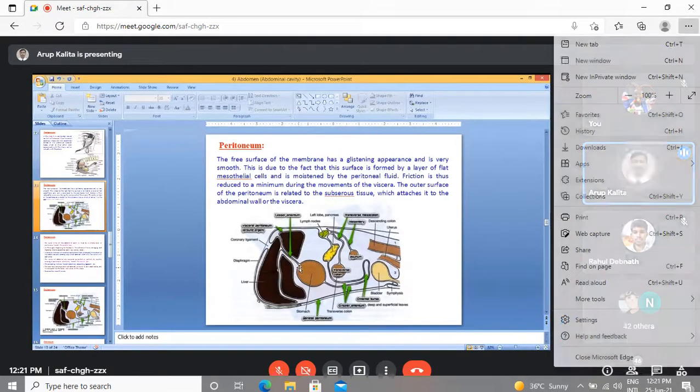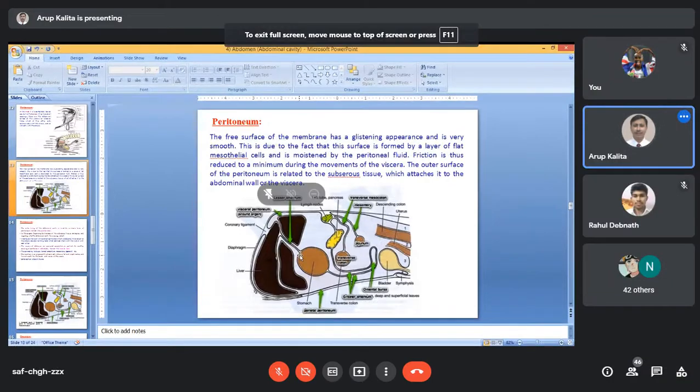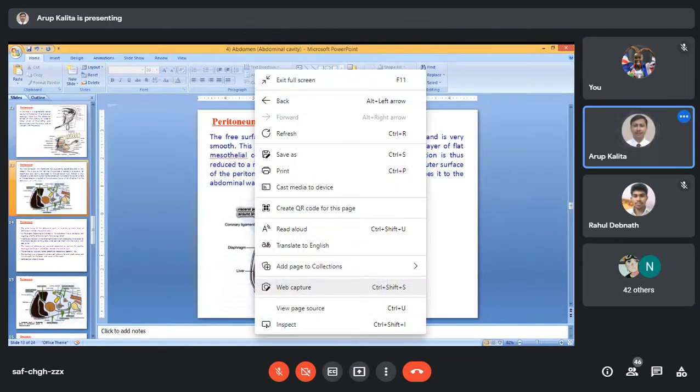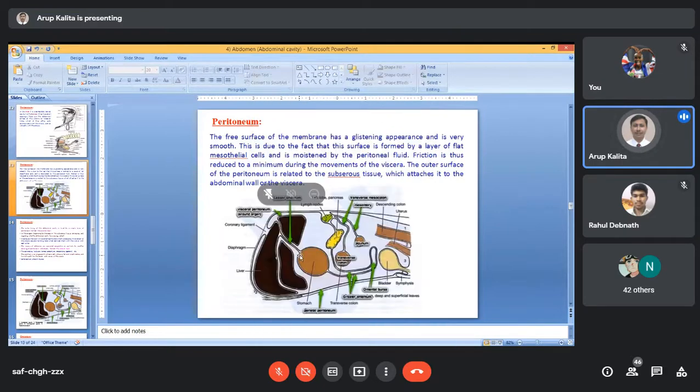Otherwise, when the organs move, one organ may touch another organ and there will be friction, but it is not happening because the outer layer of each and every organ is surrounded by the visceral peritoneum, and it is a liquid or moist environment so that it can move a little bit without any friction. So it is because of the secretion of the peritoneum, known as peritoneal fluid.